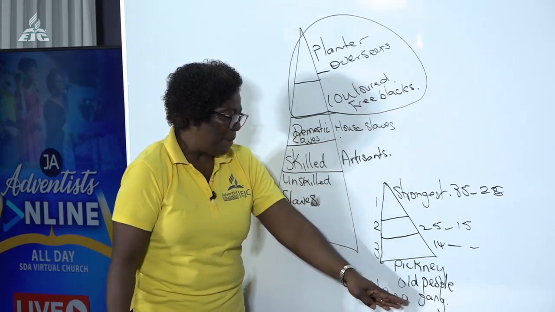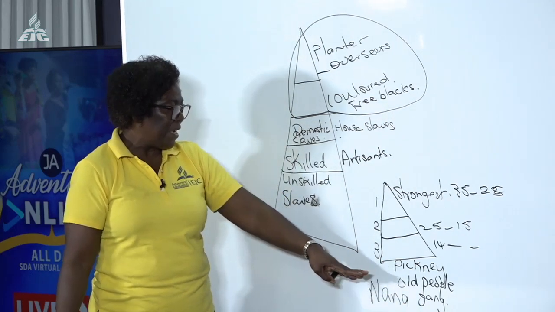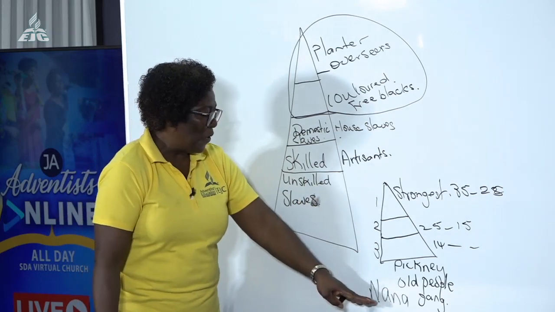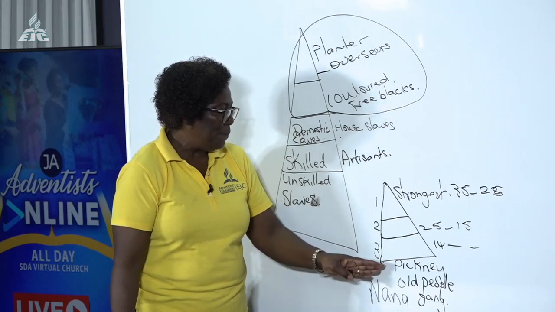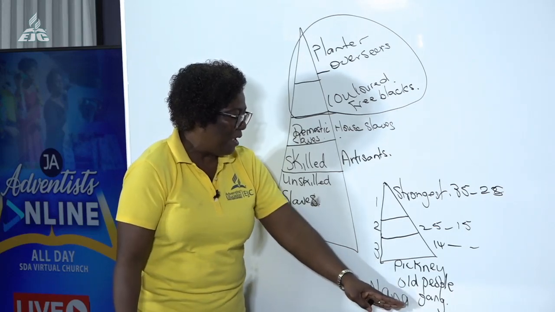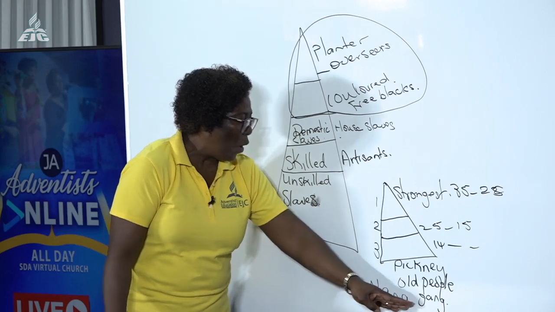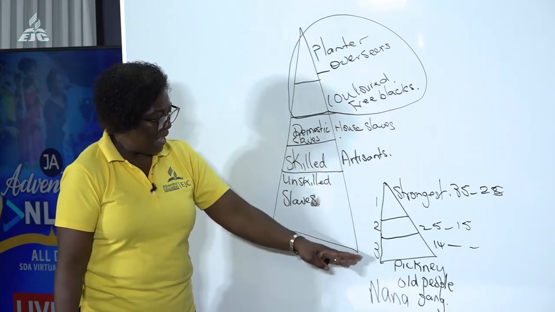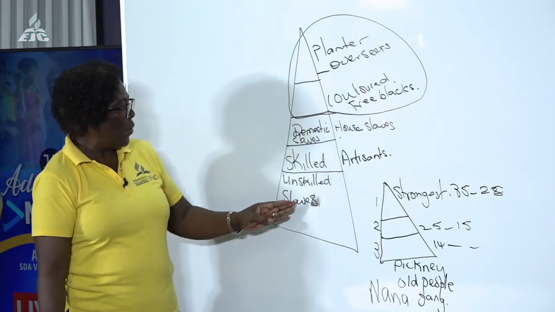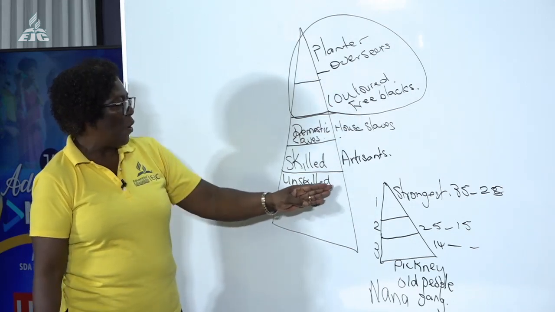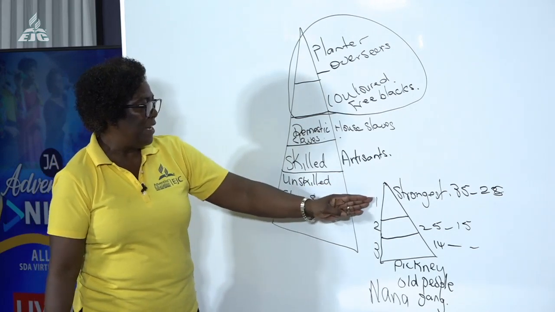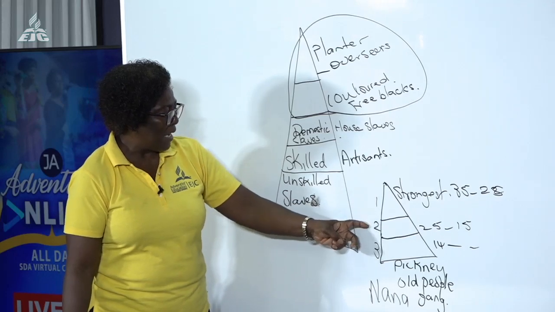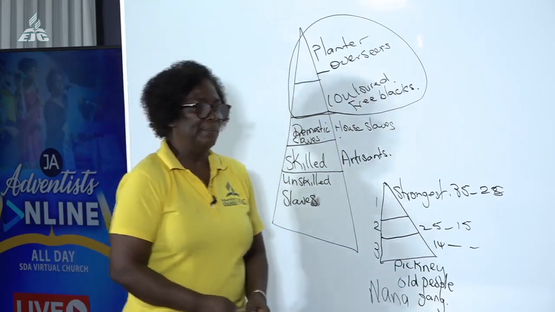They would stay with the babies while the ladies who were breastfeeding were still working. The older ones who could not work anymore would be in this gang. So we see here where the unskilled slaves were further broken down into three gangs called the first gang, the second gang, and the third gang.